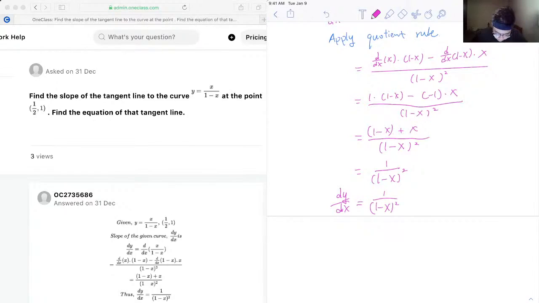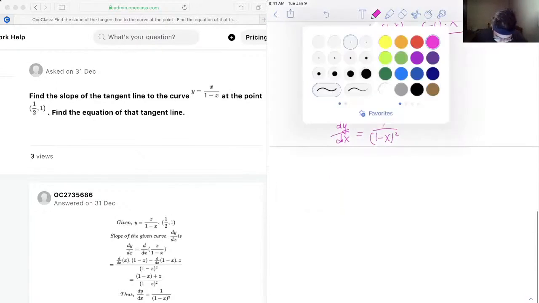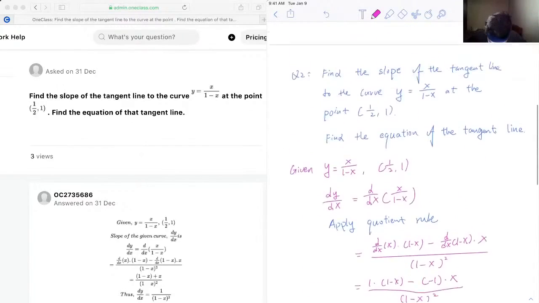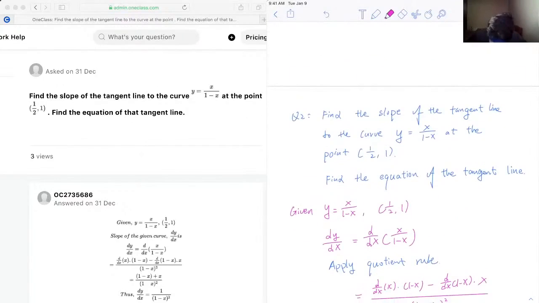Now, let's use m to indicate the slope. m is equal to dy/dx, and we're looking for the slope at 1 over 2 and 1.